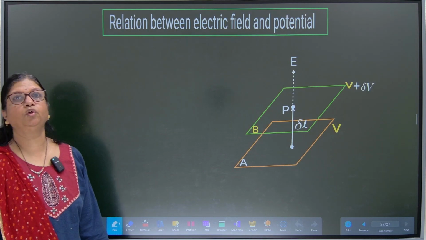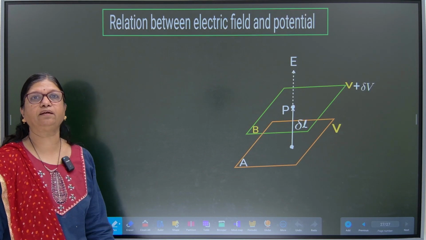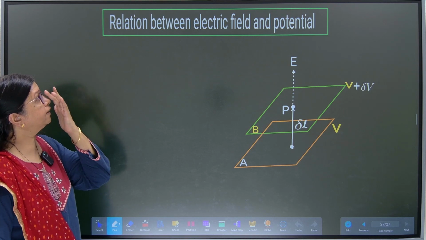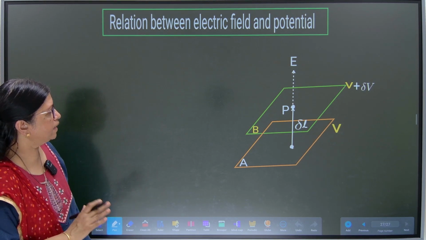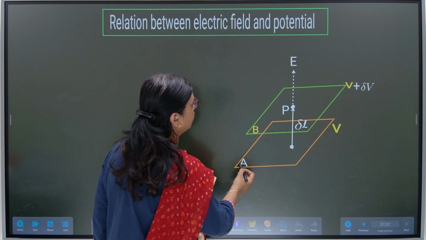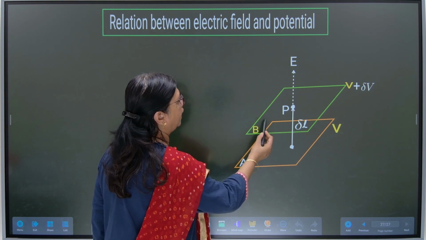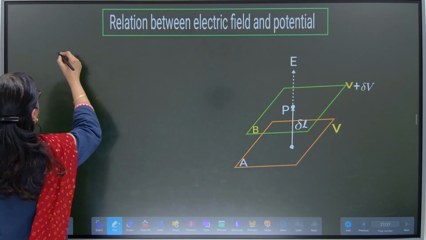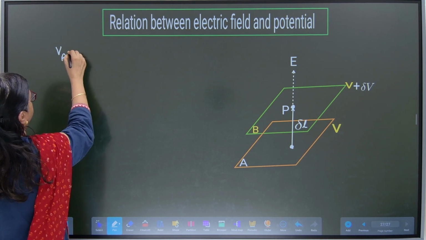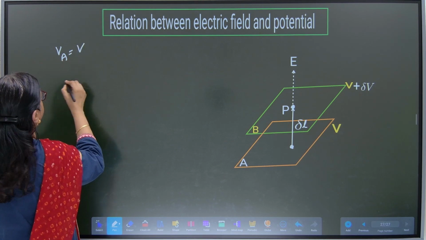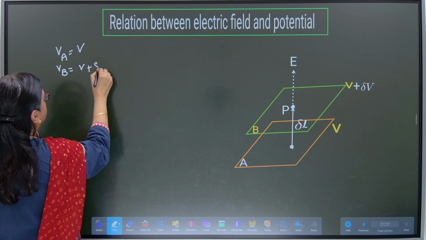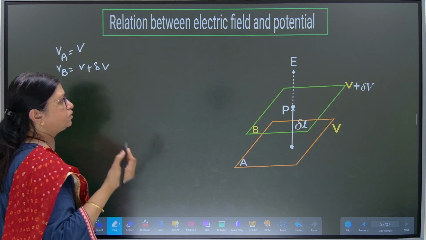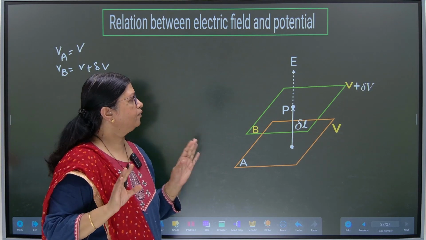So now let us find a relation between electric field and potential. Fine. Now as you can see, I have considered two equipotential surfaces A and B. Let us say VA is equal to V. VB is equal to V plus delta V, which is more than V. Fine.